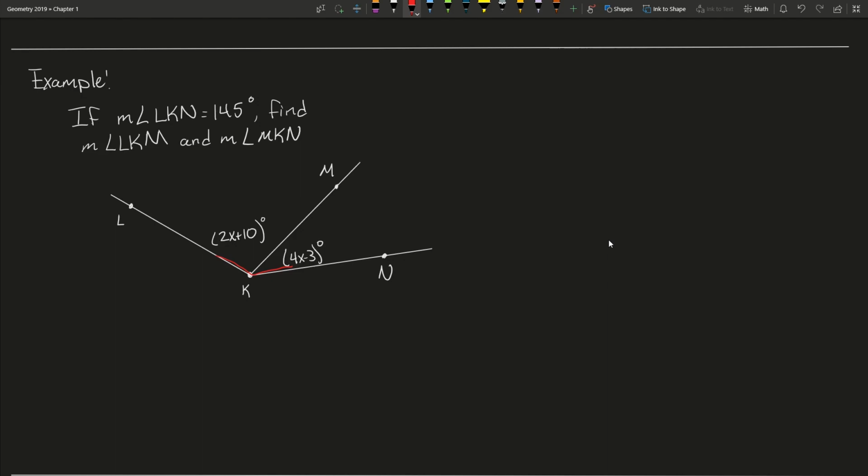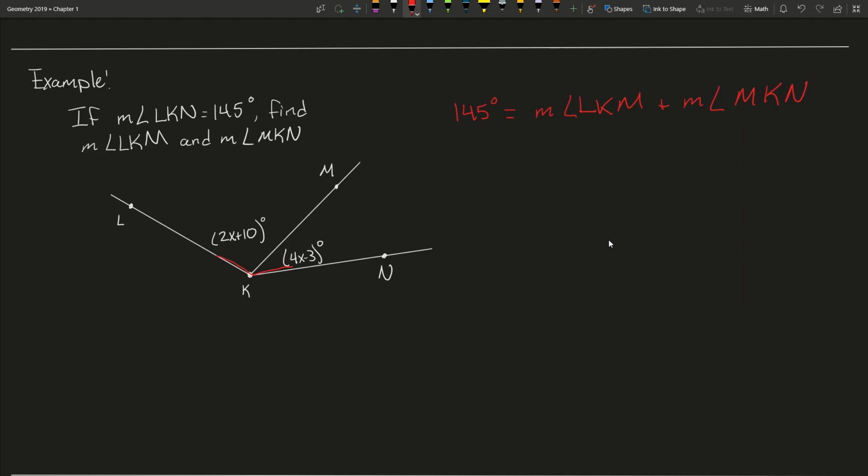So we know that the bigger angle is 145 degrees. This bigger angle should be the sum of the two smaller angles. So this should be the sum of angle LKM and the measure of angle MKN.